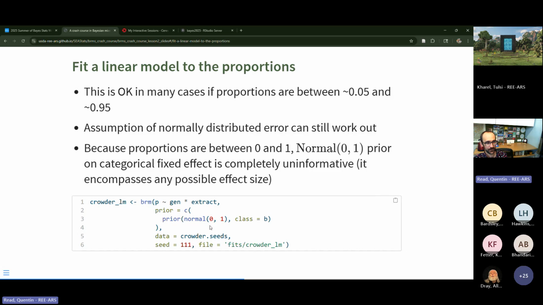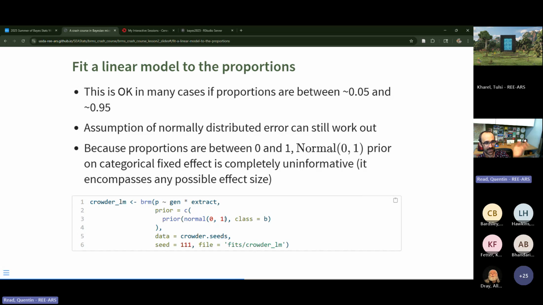And we're going to do this. We're going to fit a linear model. P is the response variable. Genotype star extract, meaning we're going to fit fixed effects for genotype, extract, and the interaction between them. And I'm going to put a normal prior with a mean of 0 and standard deviation of 1 on the fixed effects. And even though the standard deviation is only 1, think about the units the data are in.